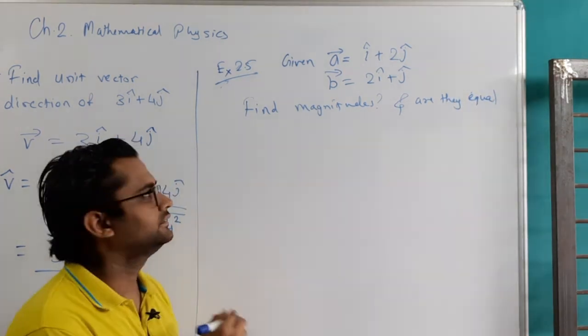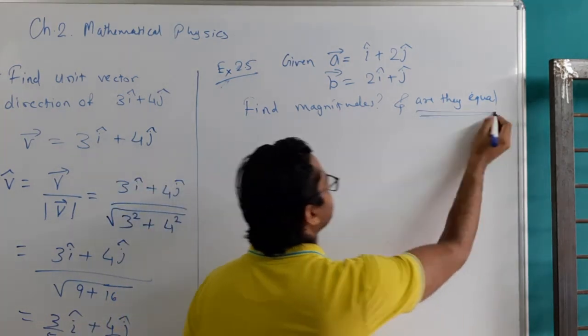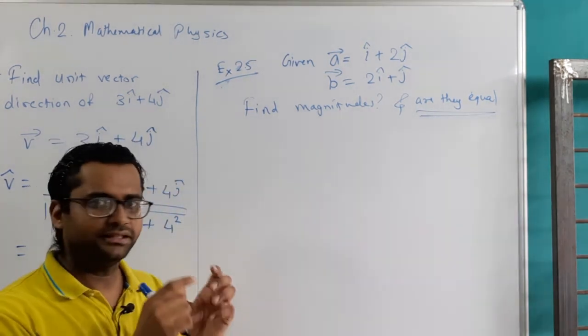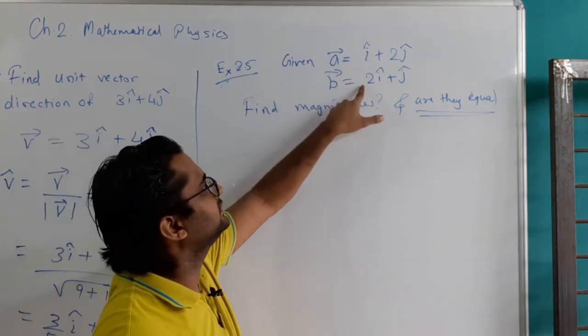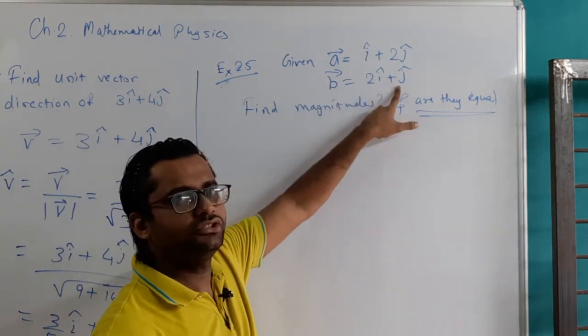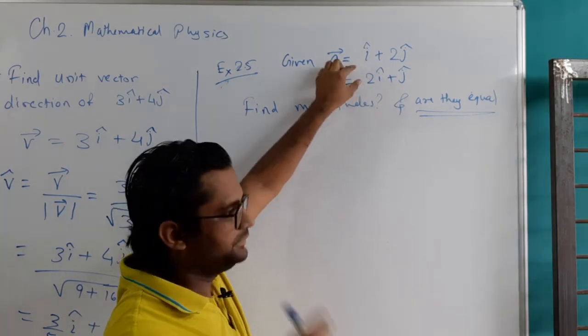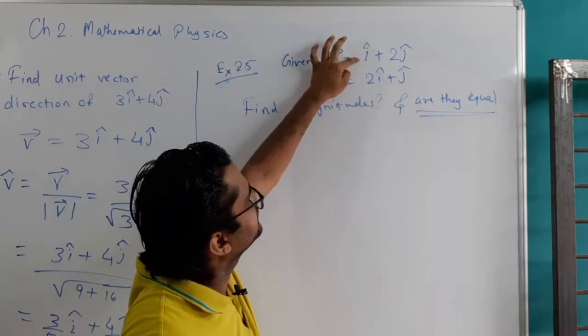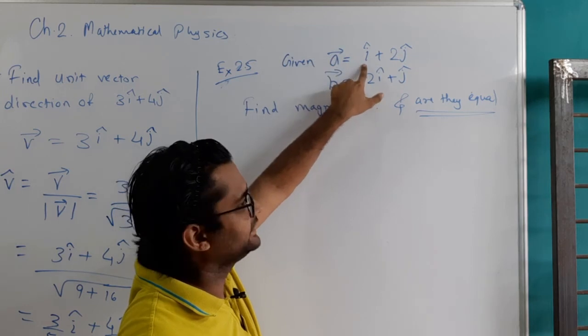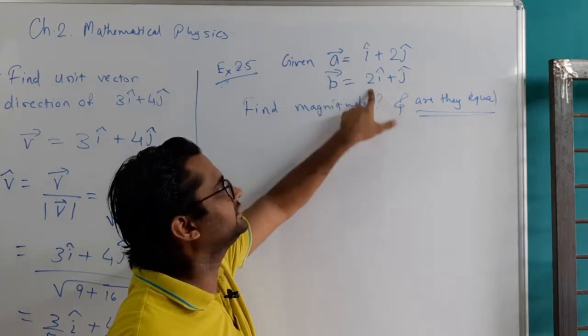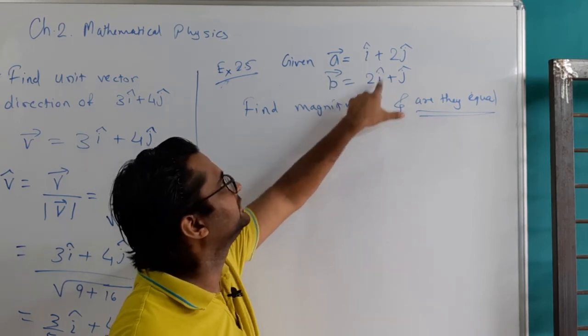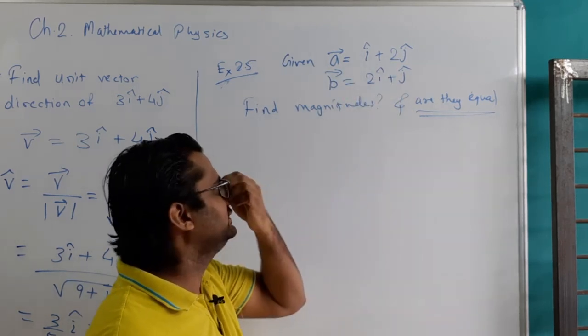We can directly answer this question first. Two vectors are equal if their x components and y components are equal. It means that if this i component is, let us say, 1 i cap, then this component should also be 1 i cap. Since these i components are different, 1 i cap and 2 i cap, and the j components are different, these vectors are not equal.